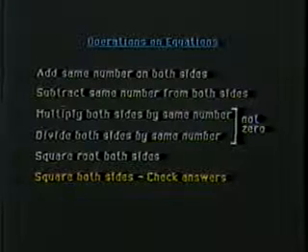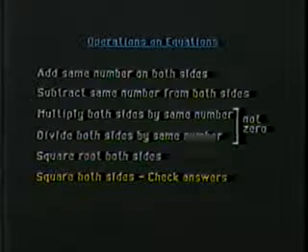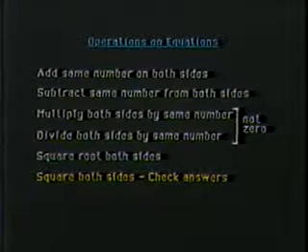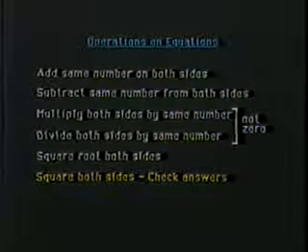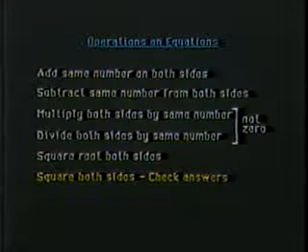Anything else we've done to both sides of an equation, fine. The solutions remain unchanged. But the minute we square both sides, look out. We may have produced an extra answer we don't want, as well as the right one, of course.